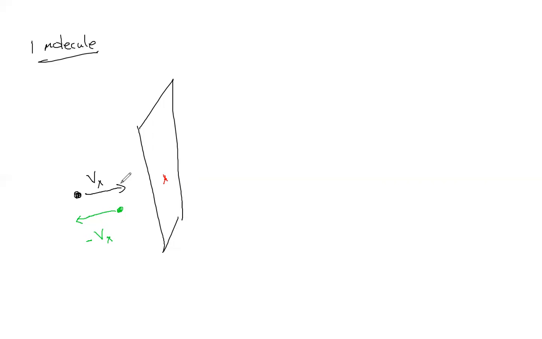Now, just like in physics 1, to discuss collisions I want to look at momentum conservation. The change in momentum in the x direction is just the mass times the change in velocity in the x direction. Since they have equal magnitudes, just opposite directions, this is equal to minus 2m times the initial velocity.